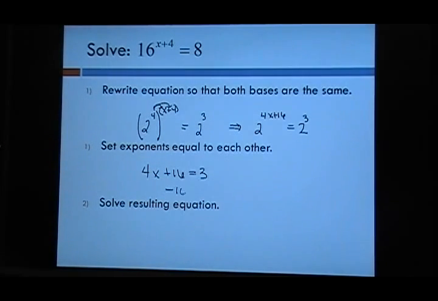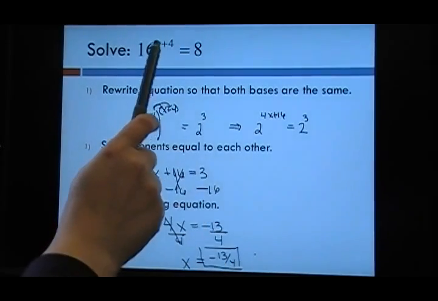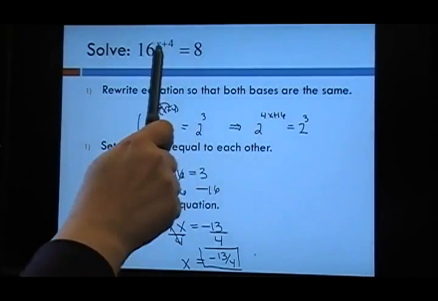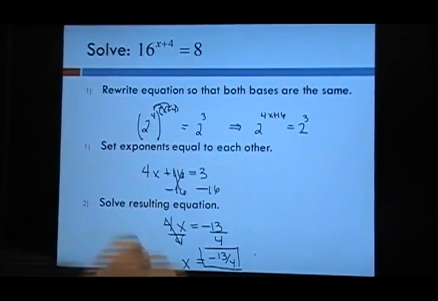So I'm going to subtract 16 from both sides, giving me 4x equals negative 13. Divide both sides by 4. We get x equals negative 13 fourths. So negative 13 fourths is the value of x that makes this true. And if you want, you can always check that if you substitute this in for x, you do get the same value on both sides.